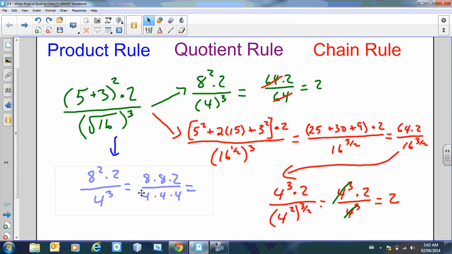If I look for other options, same first step here, add these values, take the square root here, so I have 8 squared times 2. We also know that what the exponents mean is 8 squared is the same as 8 times 8, times the 2 that's already there. 4 cubed is 4 times 4 times 4.